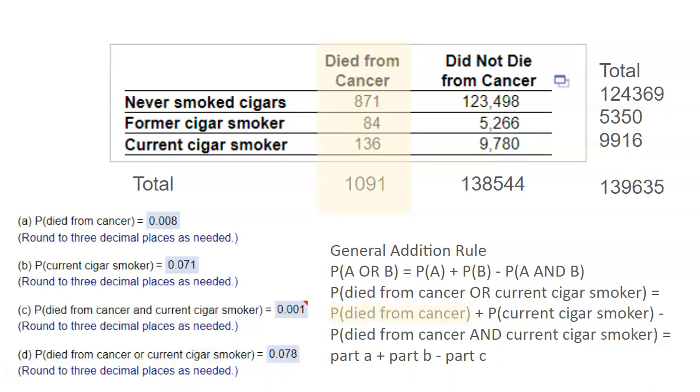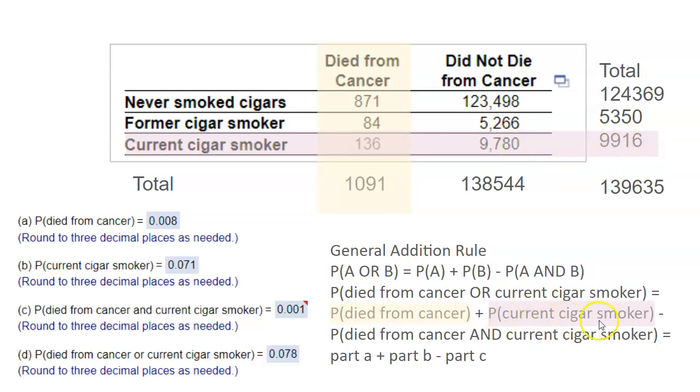To further illustrate the reason why we subtract that intersection, I'm highlighting here the total of all the people dying from cancer. That helps us get this probability that we see here. Next, we see the total of all the people who are current cigar smokers.